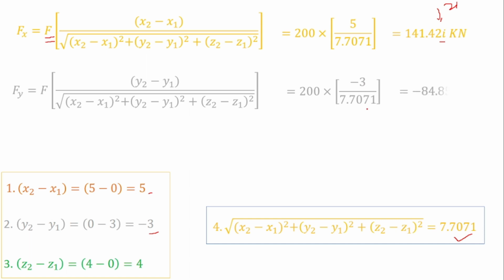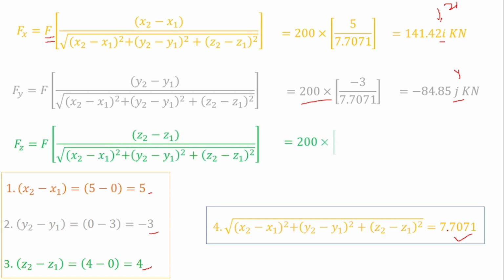The answer is minus 84.85 j kilonewton, where j represents the y coordinate. Then Fz. For the Fz, we'll multiply the magnitude 200 kilonewton into 4 divided by 7.071. The answer is 113.14 k kilonewton.